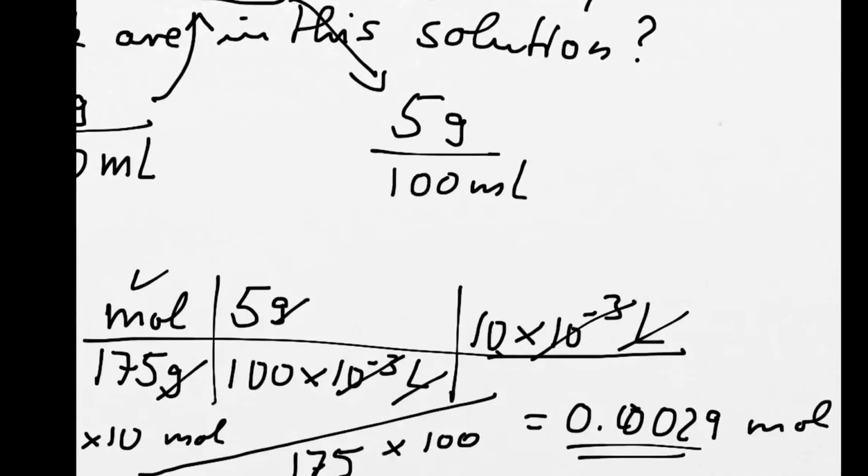What I want you to also remember is the definition of Dalton, gram per mole, and percentage. So 1%, 1 gram per 100 milliliters. Have a look at the exercises.